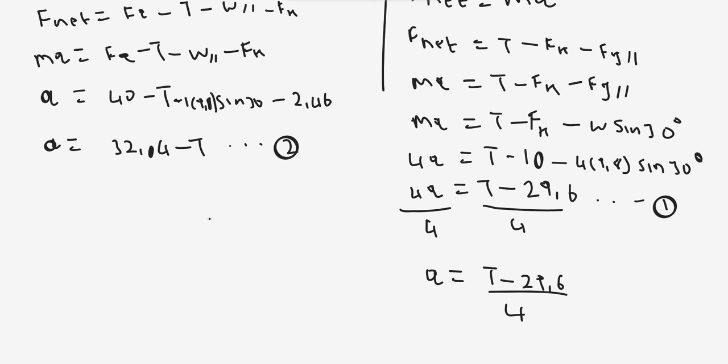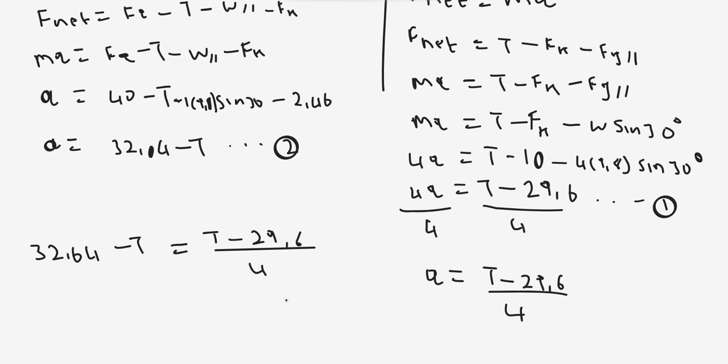And when we equate our equations, it's 32.64 minus T equals T minus 29.6 all over 4.